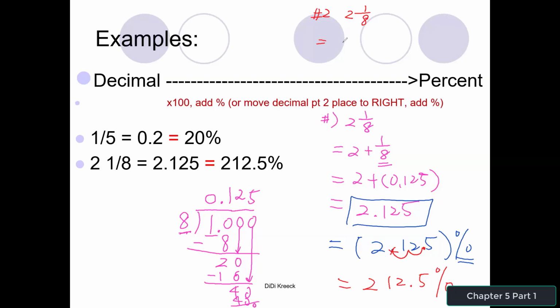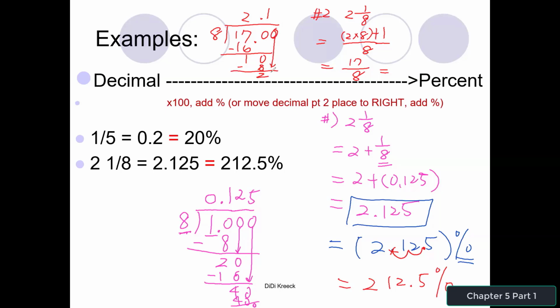2 1/8, convert that from a mixed number into an improper fraction. So it'll be 2 times 8 plus 1 over 8. Okay, here 2 times 8 is 16, add 1, 17 over 8. Okay, and then divide 17 by 8. Here 17 divided by 8, I can have 8 go 2 times, make 16. 1, bring down the 0, and then 10 divided by 8, I can have 8 go once. And then here you have 2 left.